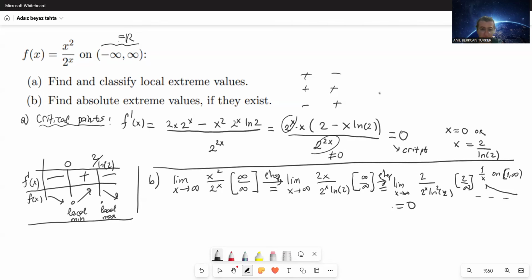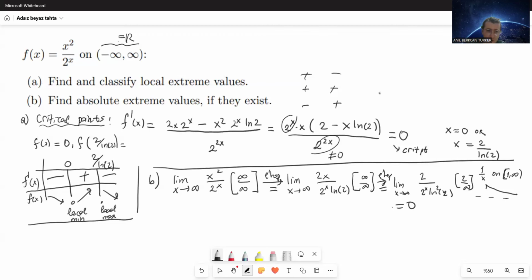So maybe I can say something about this, right? Let me just calculate these points also. So what is f of 0? When you put 0, this becomes 1, this becomes 0. What about f of 2 over ln 2?